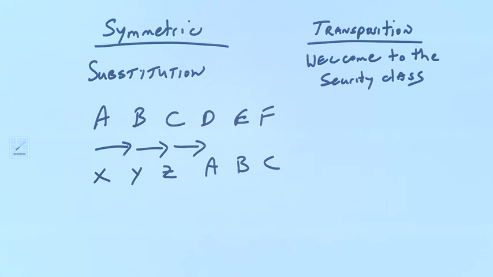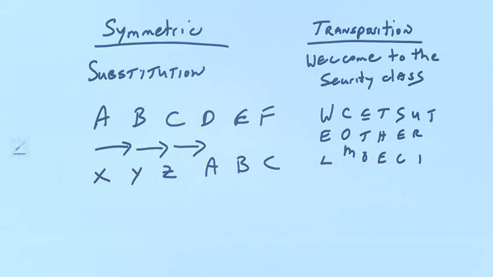And I'm also going to use a +3, because we shifted to the right by 3. So I'm coming down here and writing welcome to security class. It helps if you spell things correctly.